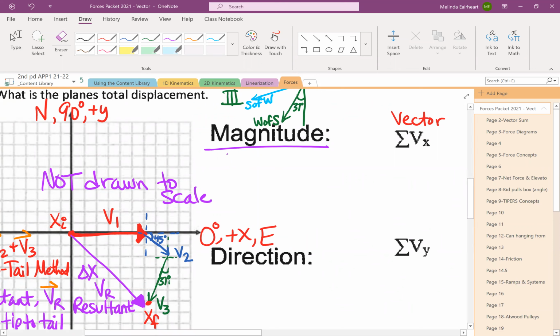So it's the magnitude of the resultant vector that they're really going for here. On this problem, it's displacement. And then direction: southeast, too generic, not find the treasure. What do we really want for the direction? The degree, the angle.